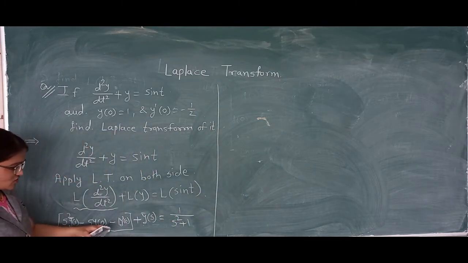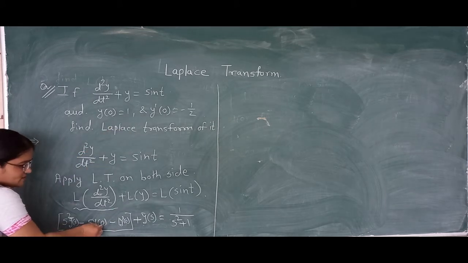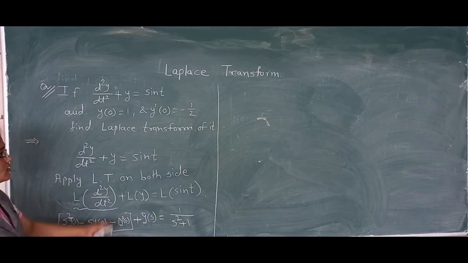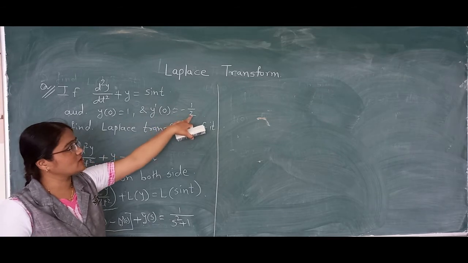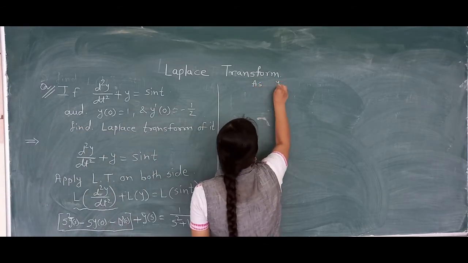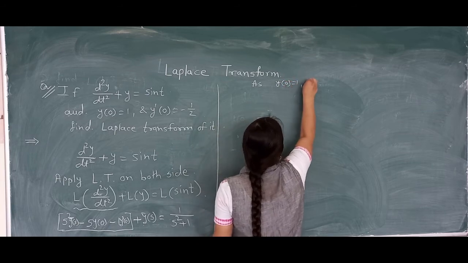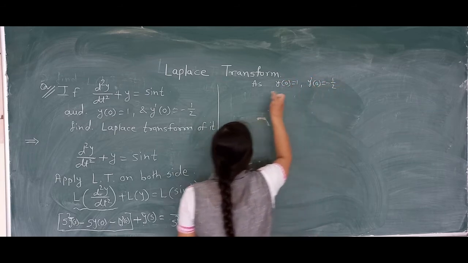whatever initial values are given to you, just substitute them. So here we know the value of y of 0 and y dash of 0. Y of 0 is given as 1 and y dash of 0 equal to minus 1 by 2.